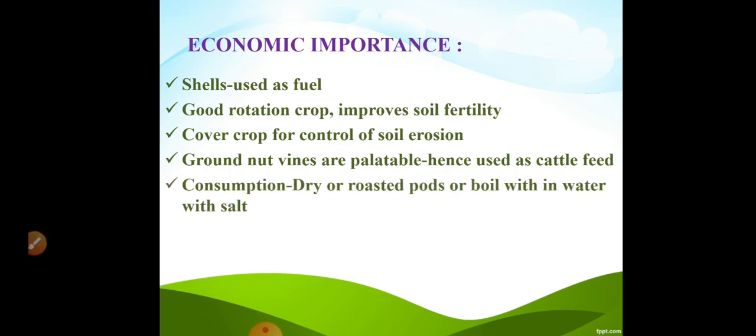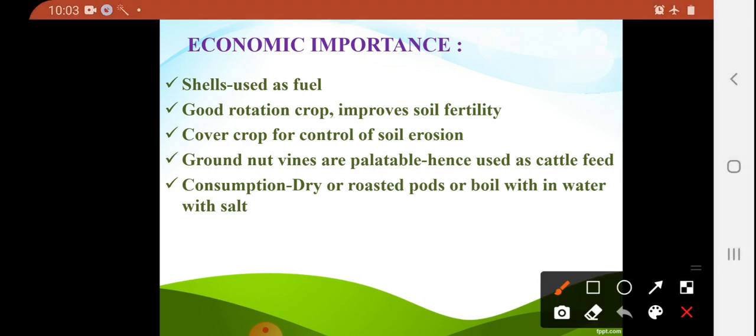How are we consuming this crop? Mostly, this crop is consumed in various forms, like by drying pods, by roasting pods, by boiling pods with water and salt. And the most important part, all grains we get from this are used for oil extraction.